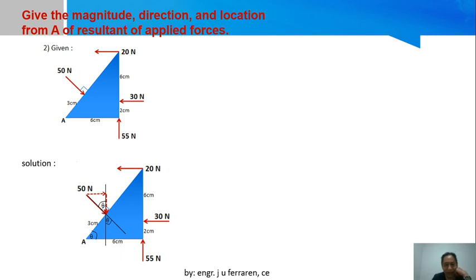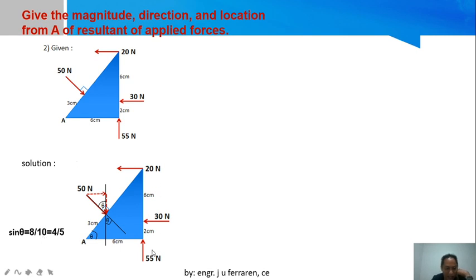Okay. Now, before I proceed, instead of solving for the angle, I may just define a ratio of the sine function and the cosine function, because they are actually needed in taking the vertical and horizontal components. The sine theta from this figure is the opposite side over the hypotenuse.